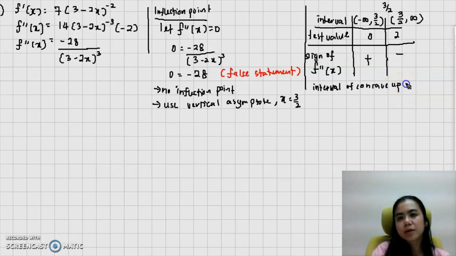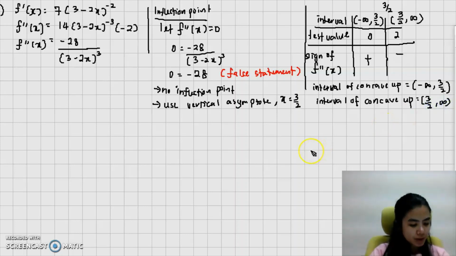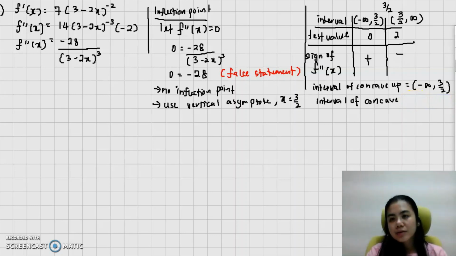So concave up is negative infinity until 3/2, and the interval of concave down is 3/2 until positive infinity.